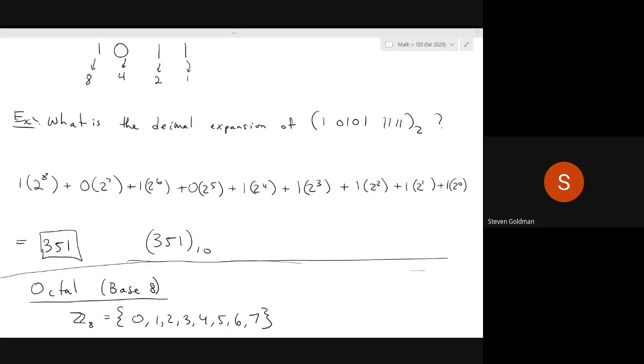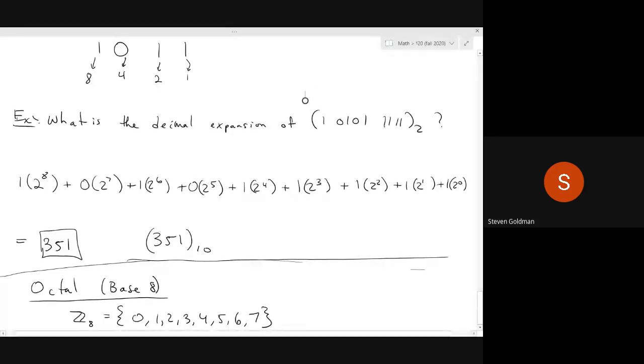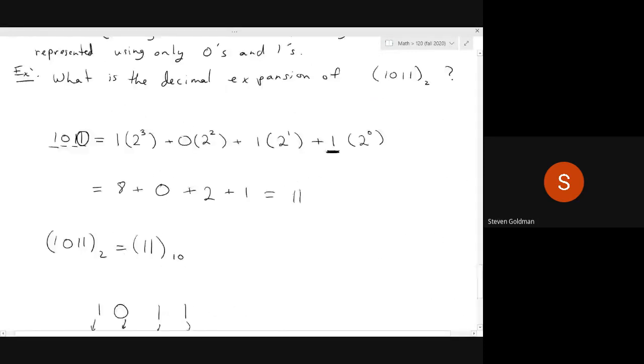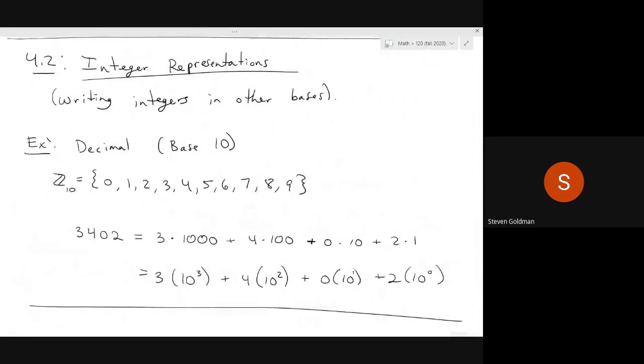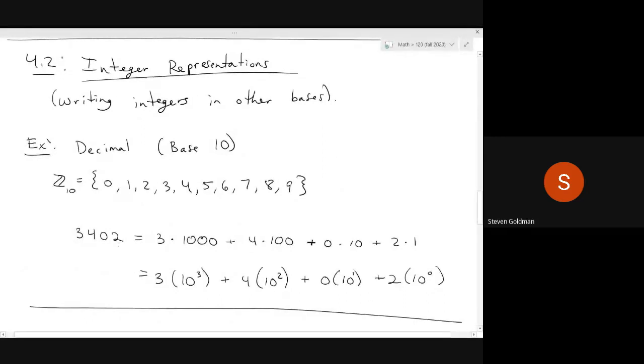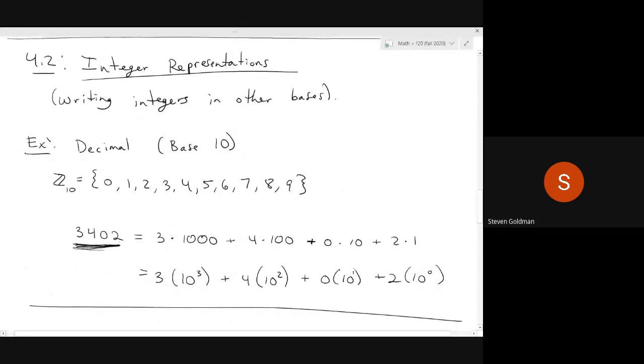If you scroll back to the beginning here, let me scroll back for just a moment. If I write down the number 3,402, this is a number written in base 10. Why? Because it's based on powers of 10, where 10 is the base.